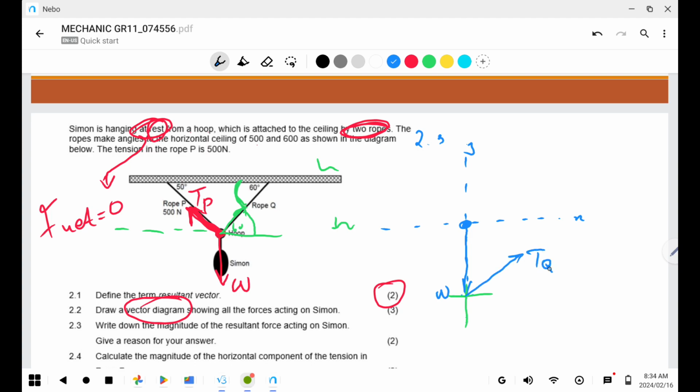And what I'm saying is between the horizontal and the tension, that angle needs to be 60 degrees. And then finally, I can draw the last one, TP. And then I'm going to include a set of axes there. There's TP.